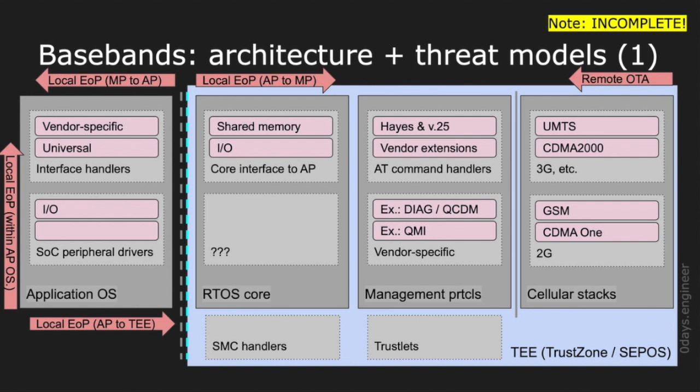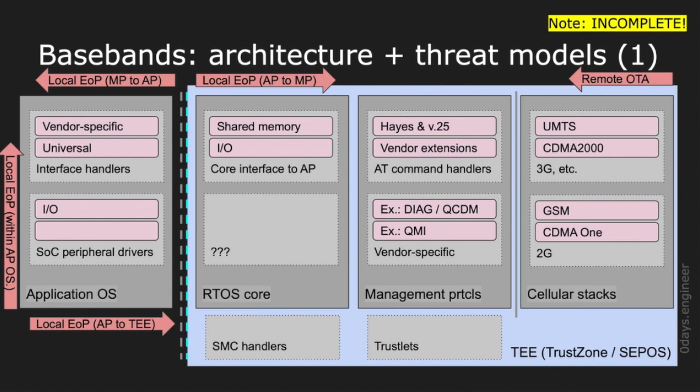And the second one is the attack surface represented with various interface handlers, because the baseband and the main operating system cannot communicate directly. They use some sort of a specialized interface to do that. In case of Qualcomm, this is shared memory. And so these shared memory implementations are usually quite complex, and they represent an attack surface on both sides.